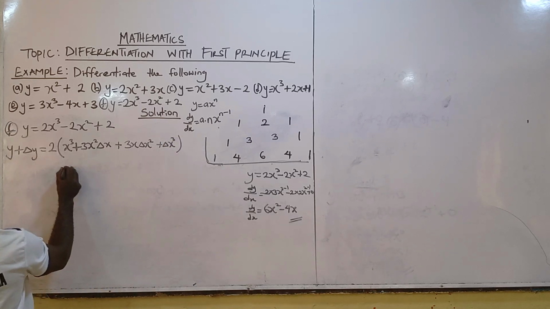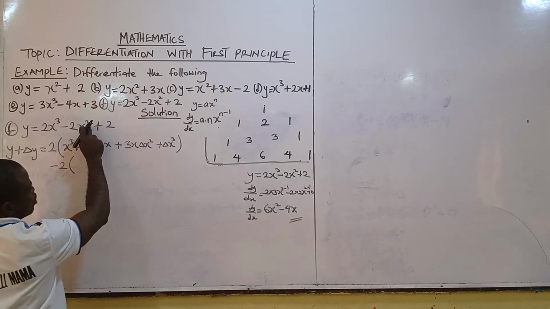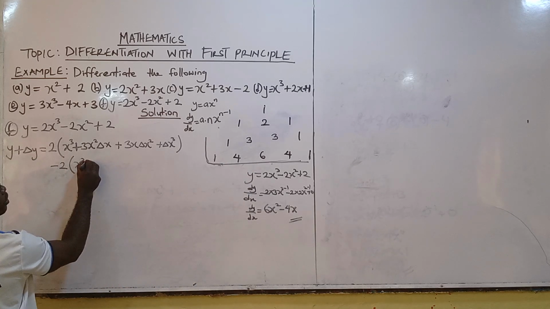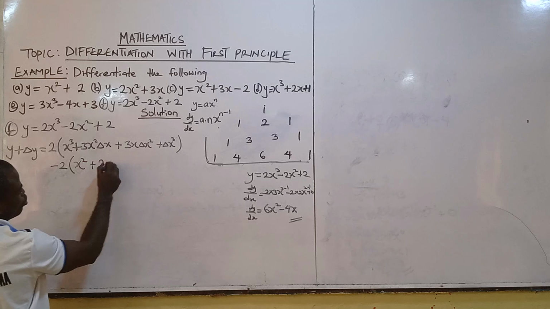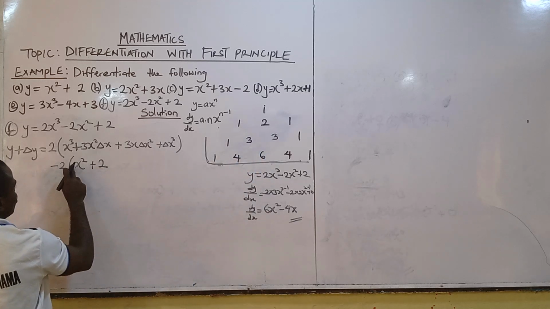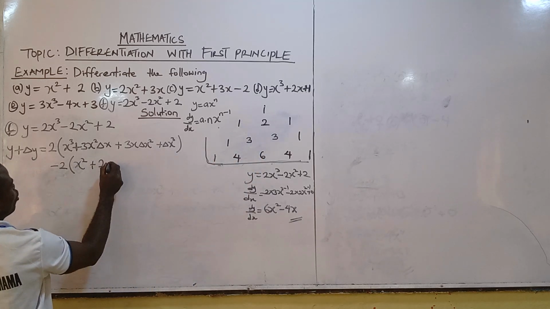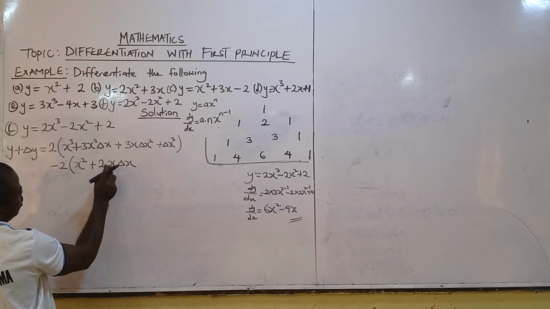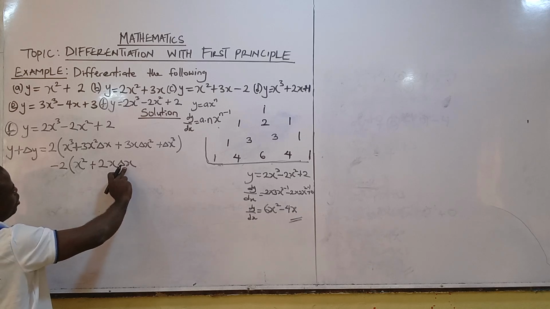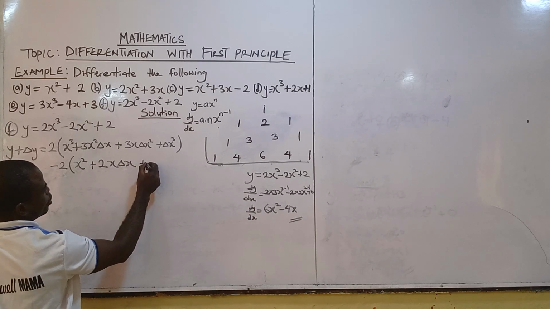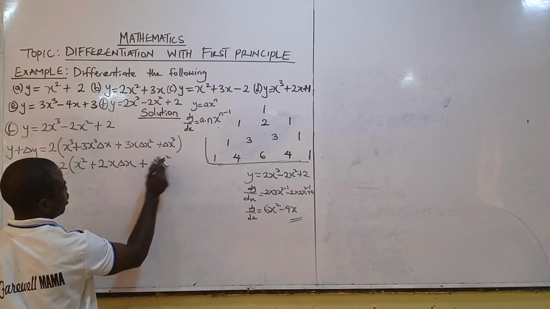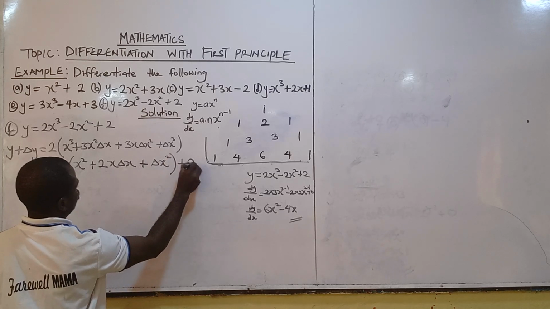Minus 2, open bracket, because this one is being squared, we are picking this. That's x squared first, plus 2. Bring the 2 here, there's 1 here, plus 2x dx, plus the last one, dx squared, there's 1 here, plus 2.